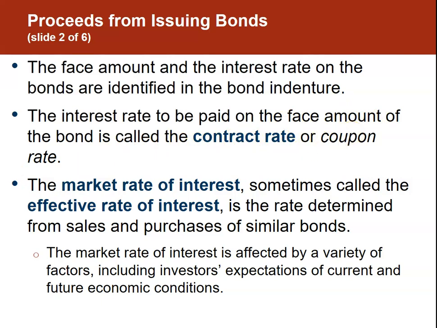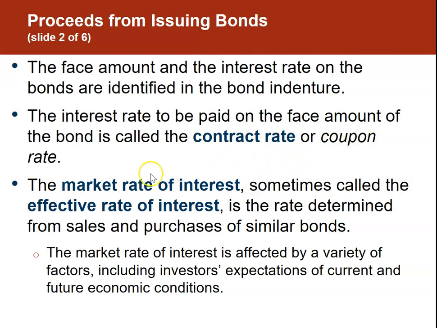Now, if we're not dealing with bonds, oftentimes we will say that a synonym for the interest rate is the discount rate. But we're going to find out there's a reason why with bonds we don't use the word discount rate. We use either the interest rate or preferably what is most commonly referred to as the contract rate, because again, remember, the interest rate is identified in the bond indenture, which is in fact a contract, sometimes also called a coupon rate.